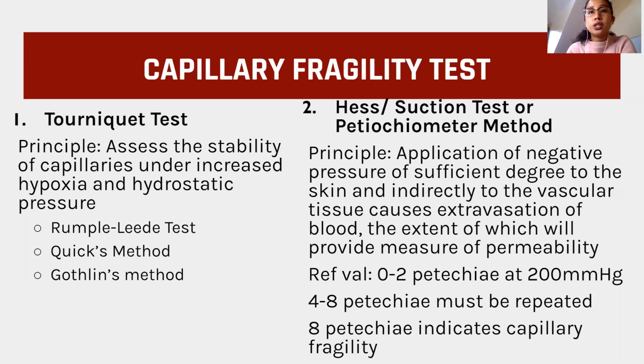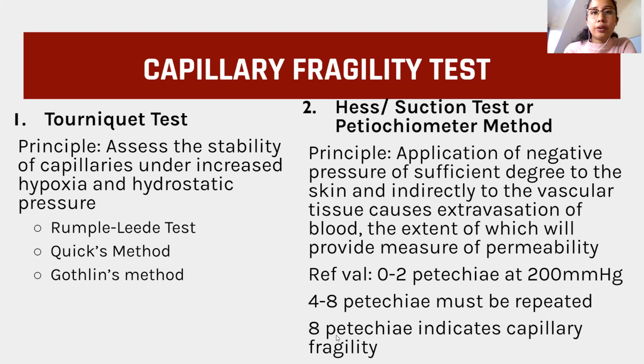Sa Hess or suction test, application of negative pressure of sufficient degree to the skin and indirectly to the vascular tissue causes the extravasation of blood, the extent of which will provide a measure of permeability.